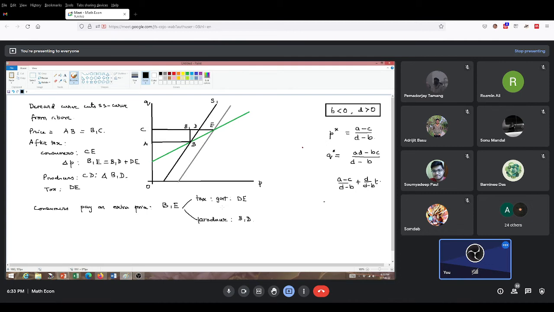So what happens over here is the burden is zero for the producer. In fact, he gains from this, and for the consumer, the burden is greater than the tax. In the earlier case, the producer's burden was greater than the tax. The consumer actually gained. His price has gone up. Here, his price has gone down.